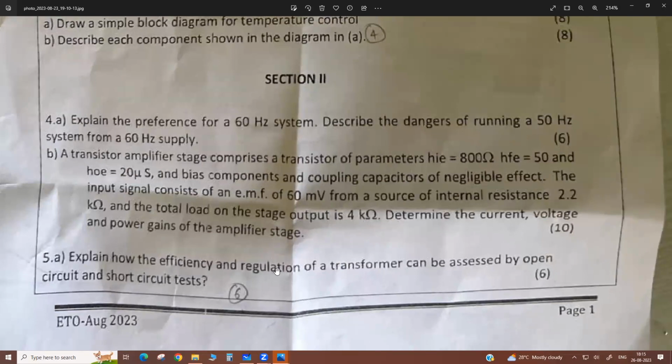Now explain how the efficiency and regulation of transformer can be set by open circuit sources. This is also an important question. Fifth, it is from transformer.